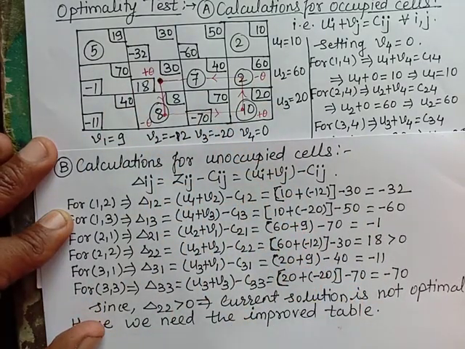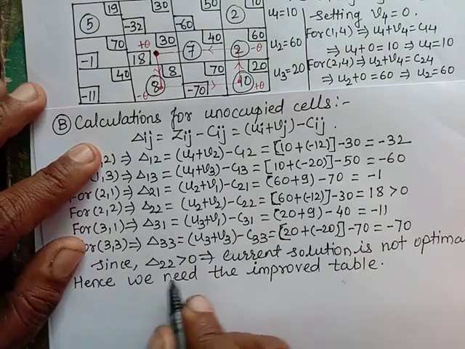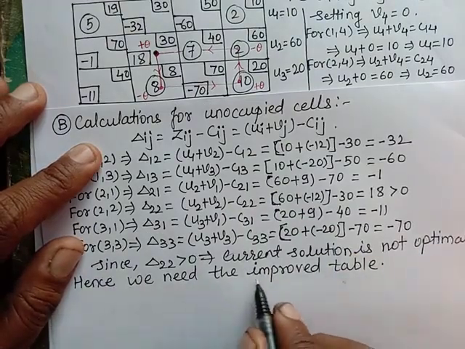Now here I will write: current solution is not optimal, hence we need the improved table.